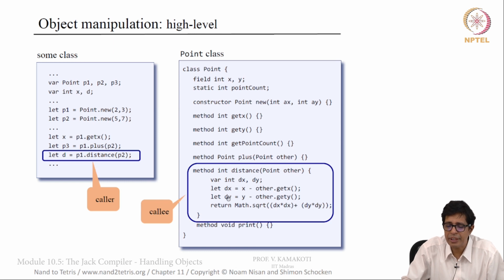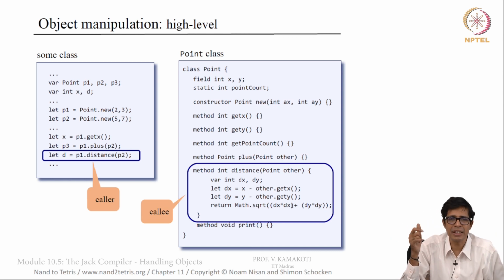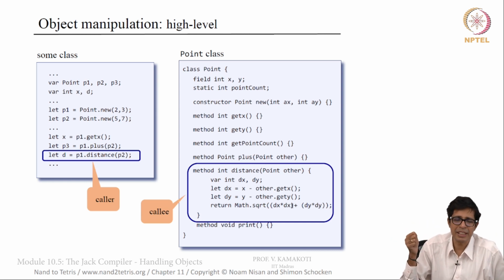So what we do is we find the difference in the x coordinate. What is the distance between x1, y1 and x2, y2? It is the square root of x2 minus x1 the whole square plus y2 minus y1 the whole square. So that is what we are doing.